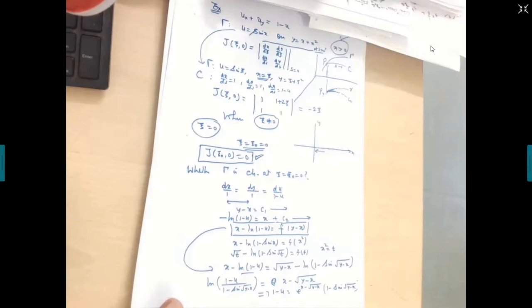Very nice. So from here I get the form of the solution: u is equal to 1 minus e to the power x minus square root of y minus x, multiplied by 1 minus sin of square root of y minus x.